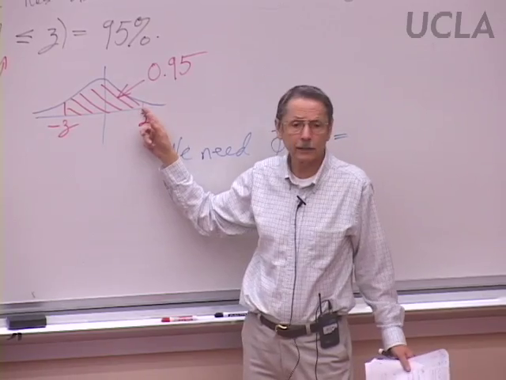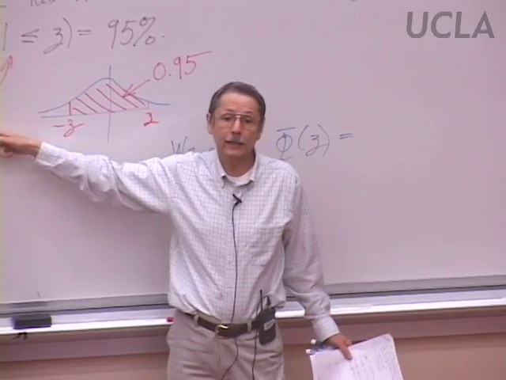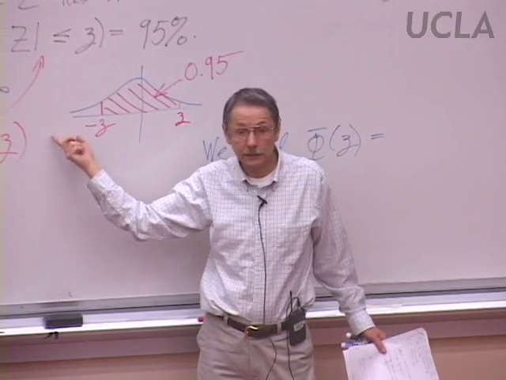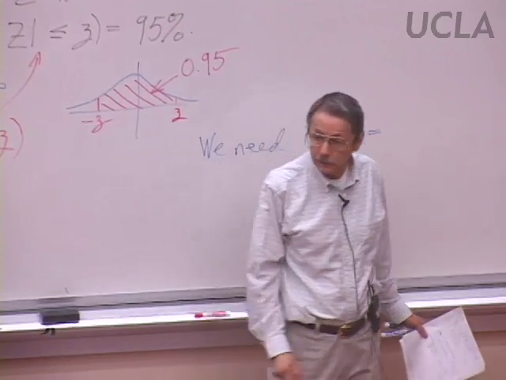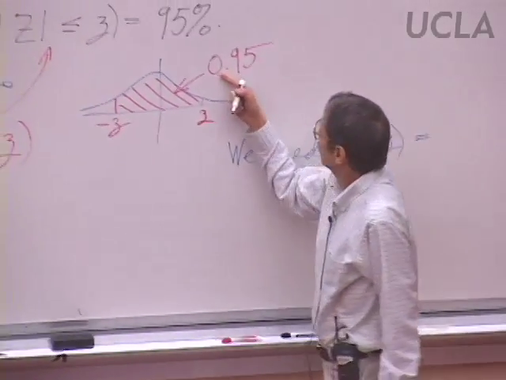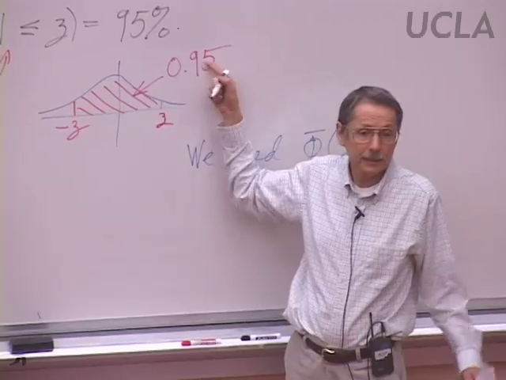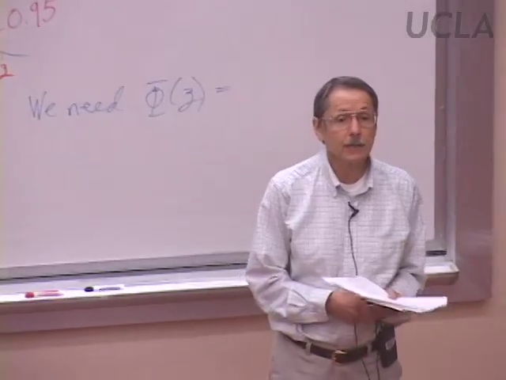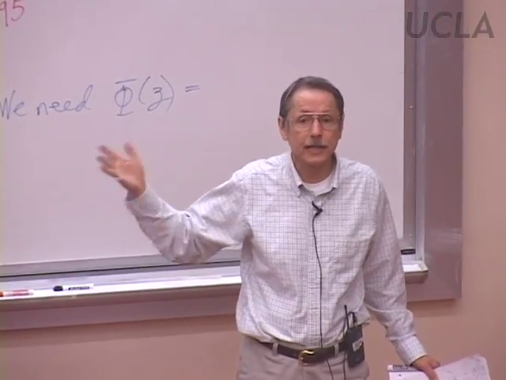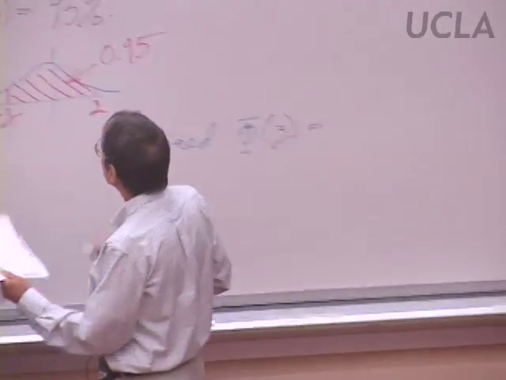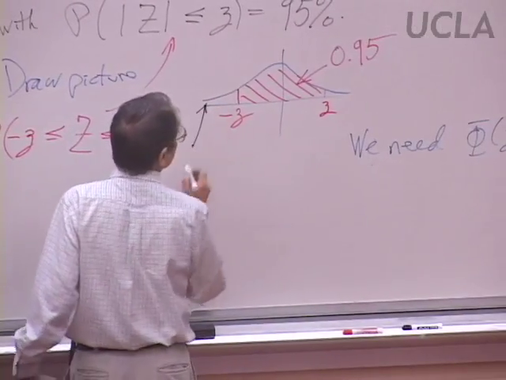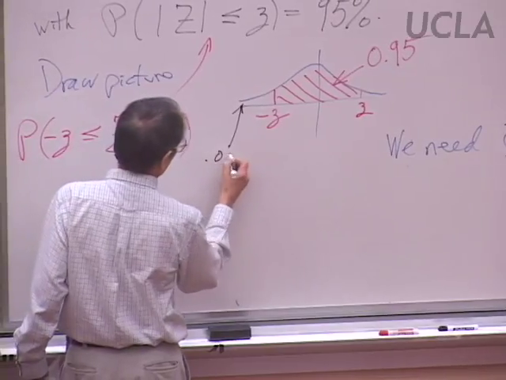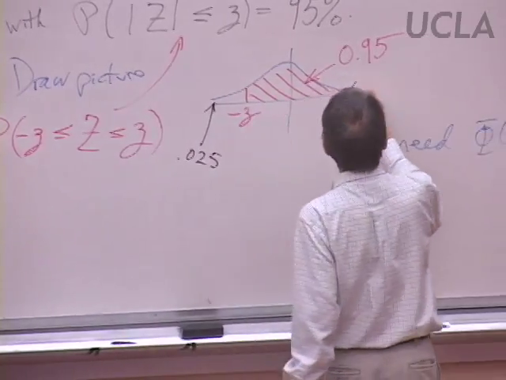Phi of z would be the area from z all the way down to minus infinity, including this left-hand tail. So that's more than 0.95. Yeah? Well, what is it? We've got 0.95 here. That means the other 0.05 is made up by the two tails. And because it's symmetric, the two tails are the same. That is, the left-hand tail has got to be 0.025, and the right-hand tail has got to be the same.